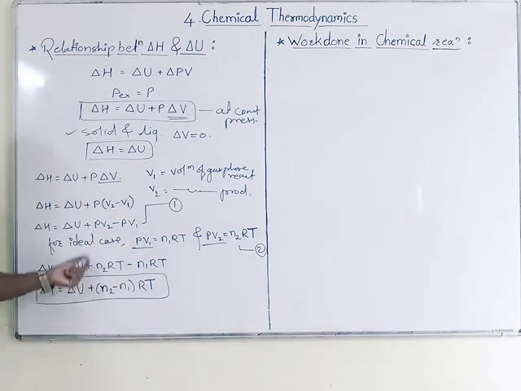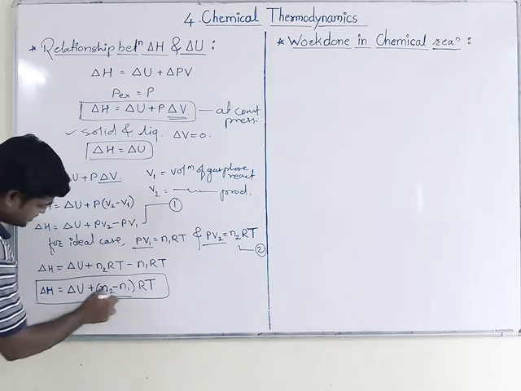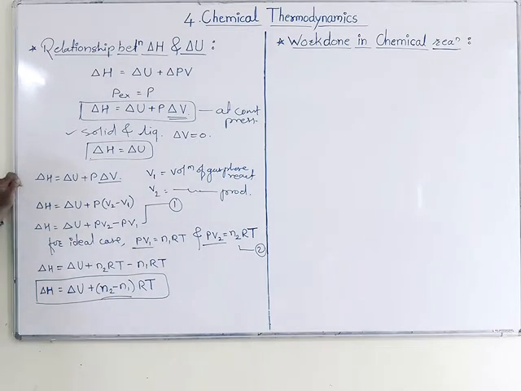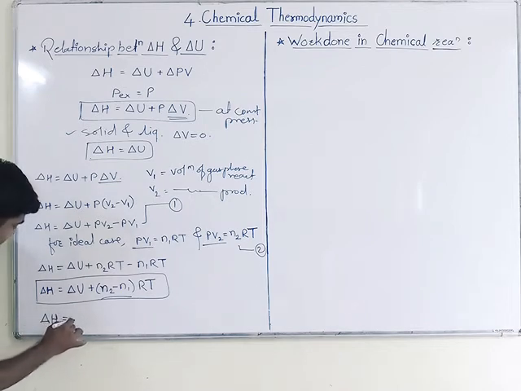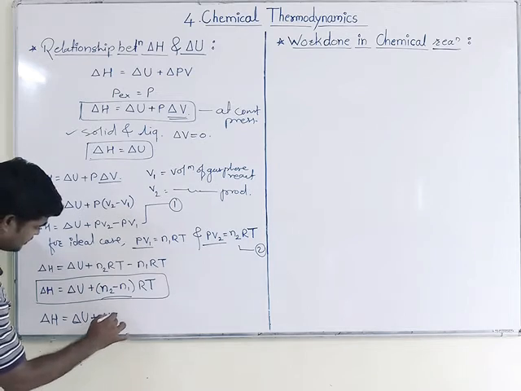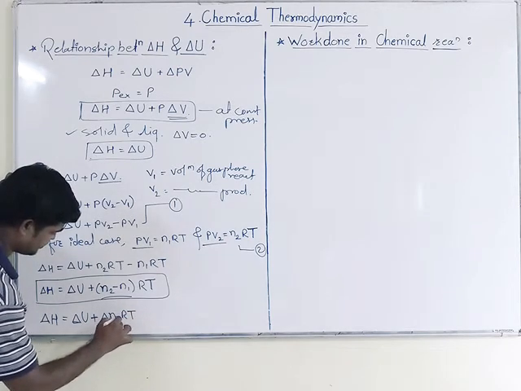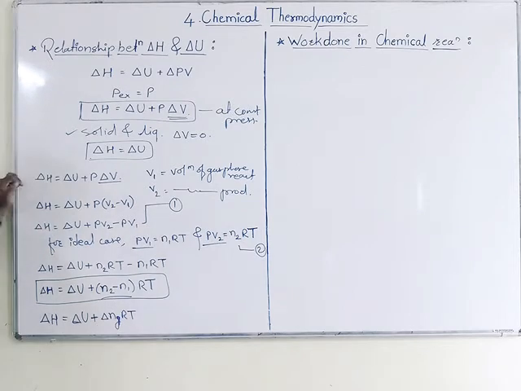If I convert this equation to the ideal gas equation. Now this term N2 minus N1 is nothing but the change in number of moles. That is, I can also write delta H is equal to delta U plus delta n_g RT. Why have I written n_g like this?